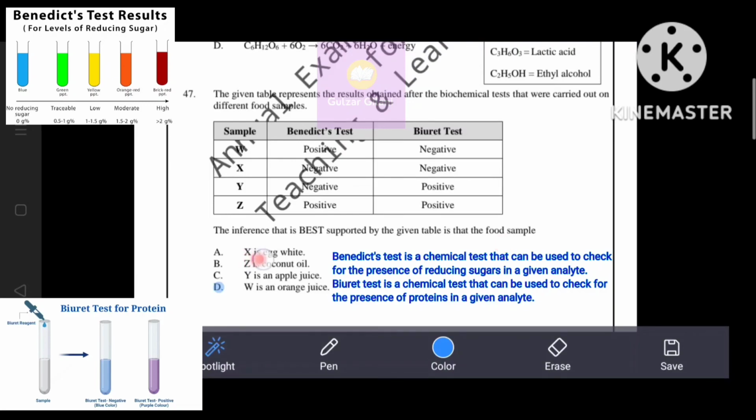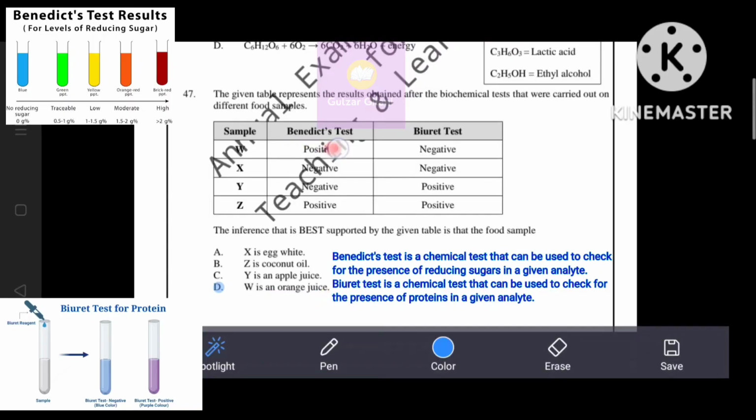Option A is excess egg white। अगर X egg white है, egg white consist of proteins, तो बायूरेट टेस्ट पॉजिटिव आना चाहिए था, यहाँ पे नेगेटिव है, मीन्स A इज इनकरेक्ट। ऑप्शन बी, Z इज कोकोनट ऑयल। कोकोनट ऑयल इज 100% फैट और फैट को चेक करने के लिए यहाँ कोई भी टेस्ट नहीं दिया हुआ है, इसलिए B भी इनकरेक्ट है। C इज Y इज एन एप्पल जूस। अगर Y एप्पल जूस है तो बेनेडिक्ट टेस्ट पॉजिटिव आना चाहिए क्योंकि एप्पल जूस में रिड्यूसिंग शुगर होते हैं, जबकि यहाँ पे बेनेडिक्ट टेस्ट Y के लिए नेगेटिव है, मीन्स ऑप्शन C भी इनकरेक्ट है। ऑप्शन D इज W is an orange juice.